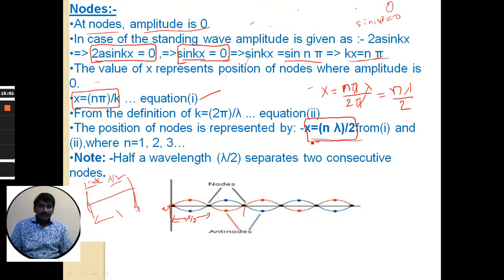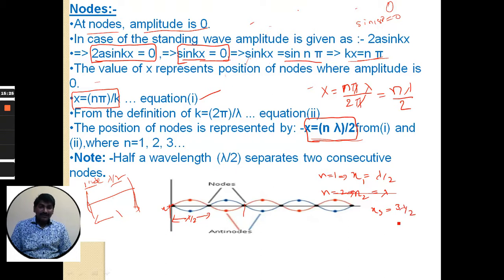Now if I substitute n equal to 1, it becomes lambda by 2, x1. If it is n equal to 2, x2 becomes how much? Lambda distance. Okay, x3 becomes 3 lambda by 2.